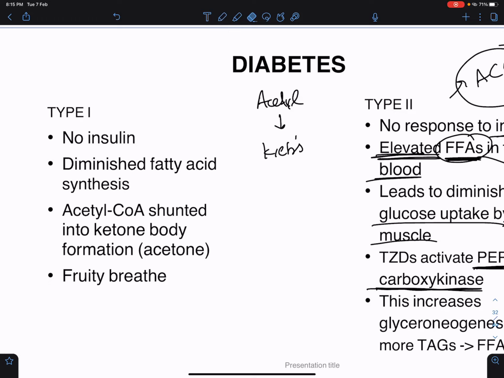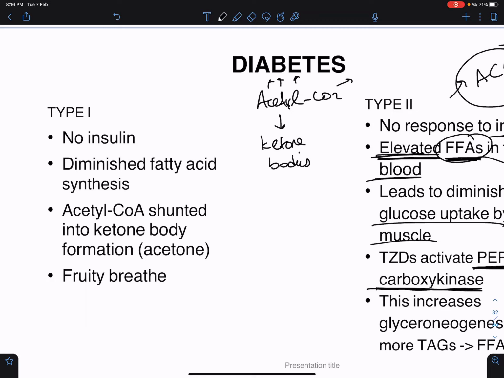So instead of the acetyl-CoA going into fatty acid synthesis, it switches pathways, because it can't go into fatty acid production anymore, as there's no insulin and no activation. It's shunted into ketone body formation, a different pathway, because the acetyl-CoA starts accumulating. So it starts to make ketone bodies. Is this part clear? Yes. Are you sure? I can repeat, I don't mind.